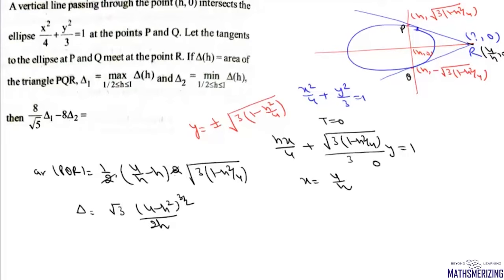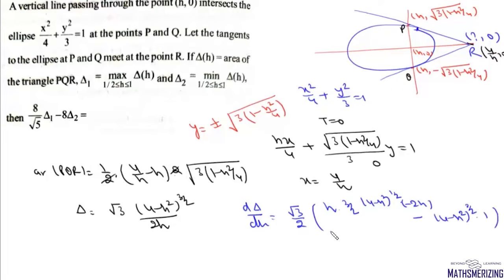So we'll differentiate with respect to h. We'll get d delta upon dh, and there will be root 3 by 2. There will be h and it should be 3 by 2, (4 minus h square) to the power 1 by 2 into minus 2h, and then minus (4 minus h square) to the power 3 by 2 into 1 upon h square.